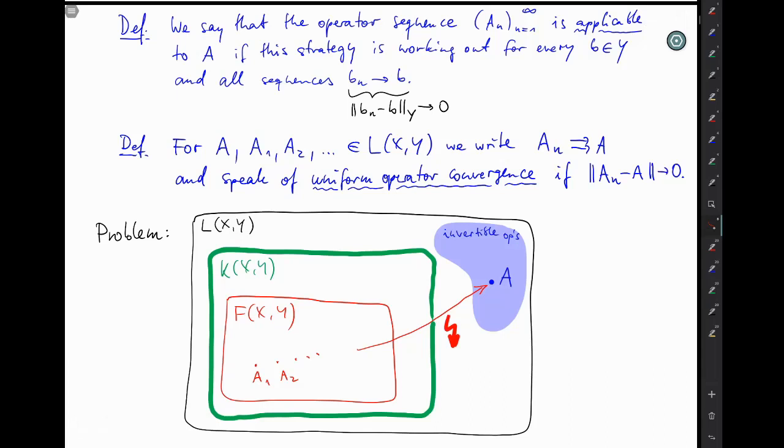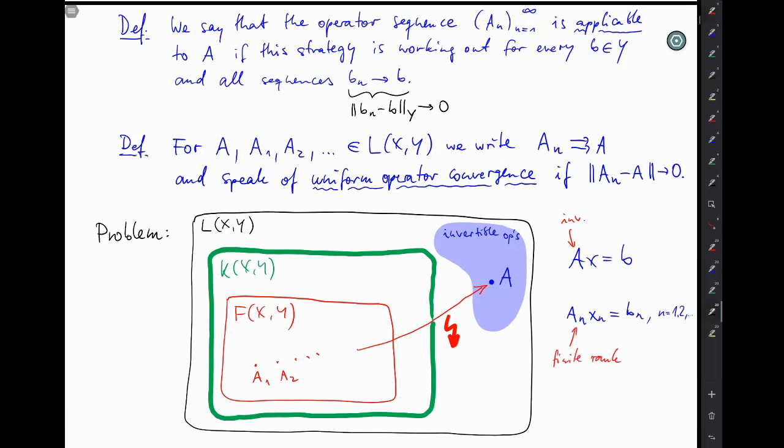Or to phrase it differently, the binding between that sequence An and that operator A by uniform convergence is so strong that you cannot seriously expect to replace your complicated equation Ax equals b with an invertible operator A by a sequence of equations with finite rank operators An.